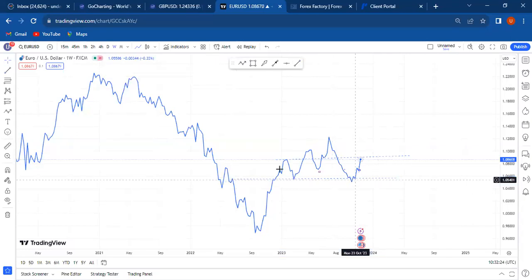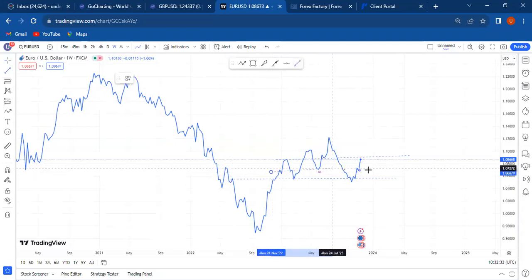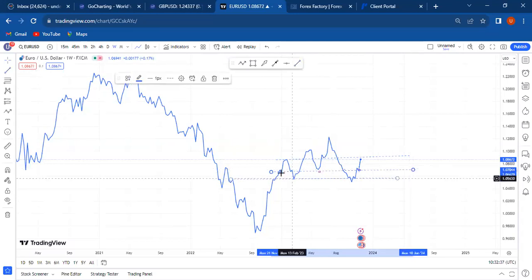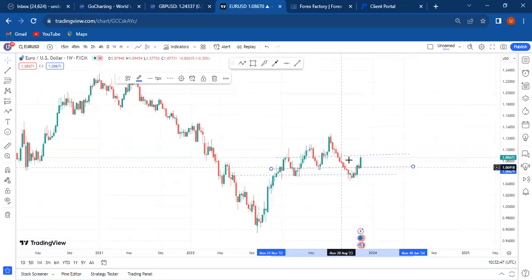Right? So we also have another one here. So 1, 2, and 3. Right? So we change back to candlesticks. You can see this level here.